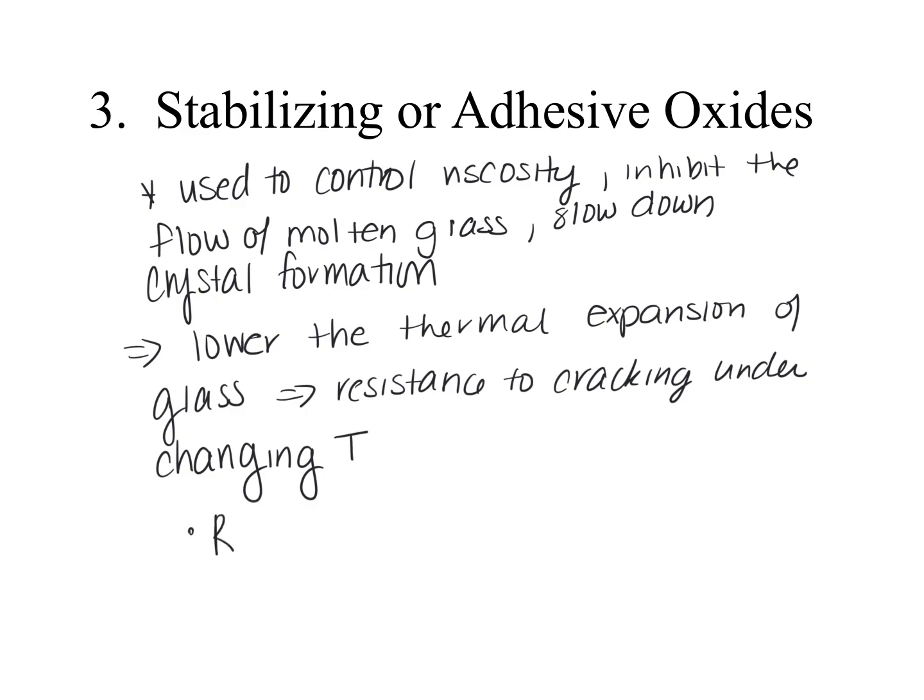And examples of this, we talked about it, was R2O3. Those would be things like aluminum oxide, right? And then B2O3, right? Still that boron oxide.